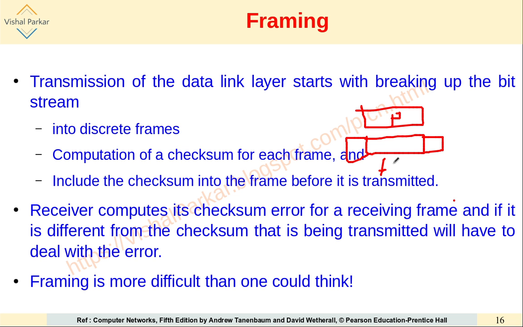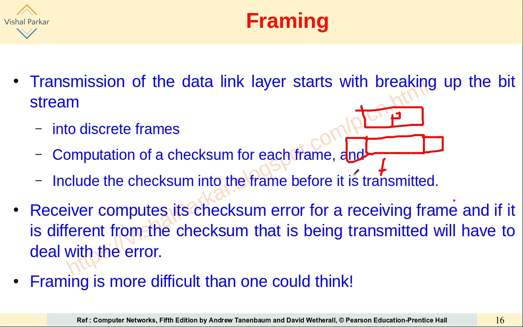Now when the same frame is received at the receiver, it also calculates the checksum for the payload part or the overall frame. That checksum may be calculated for the payload, or for the overall frame, but one single fashion is maintained at both sender and receiver.